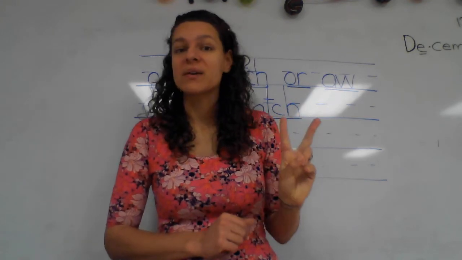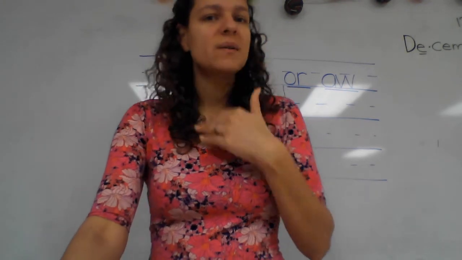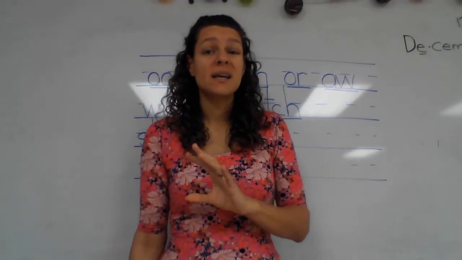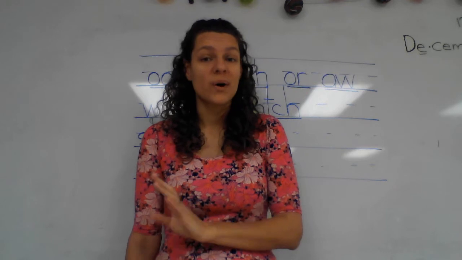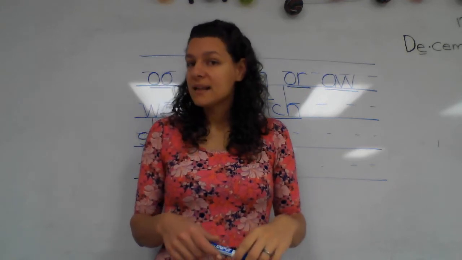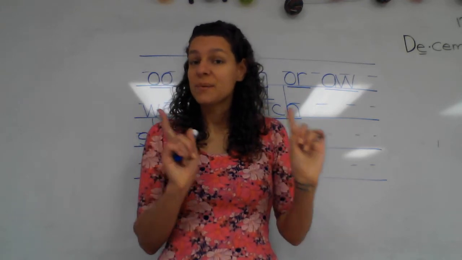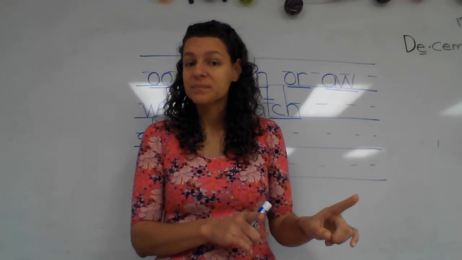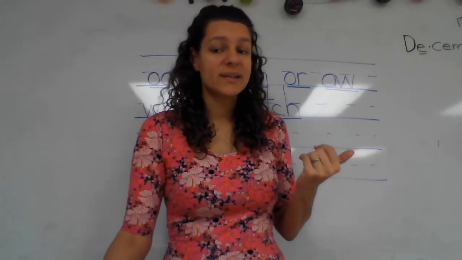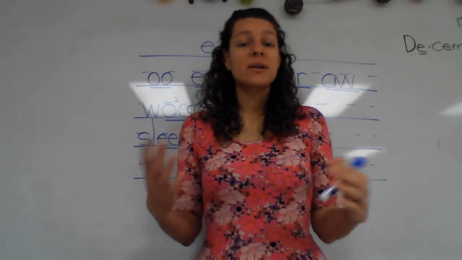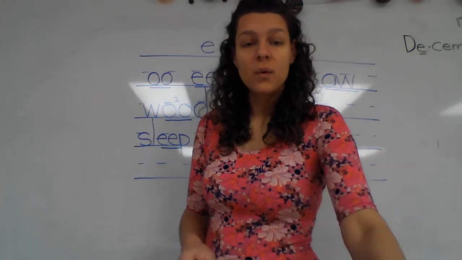There are two syllables. All right, class, can you tell me what our first syllable is in forest? Good, it's for. All right, and then what's our second syllable? Good, est. All right, let's try and do that whole word together. What are the sounds in our first syllable? For.